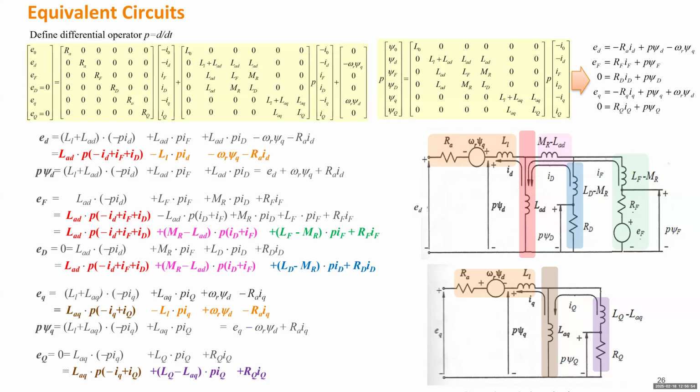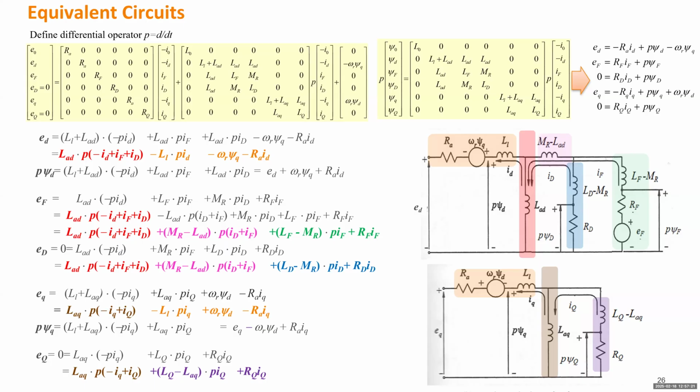Based on that system, any mutual inductance involving the stator winding in the D axis will be LAD, and in the Q axis will be LAQ. That's why we will see many LAD and also LAQ, and that largely simplifies the equivalent circuits.